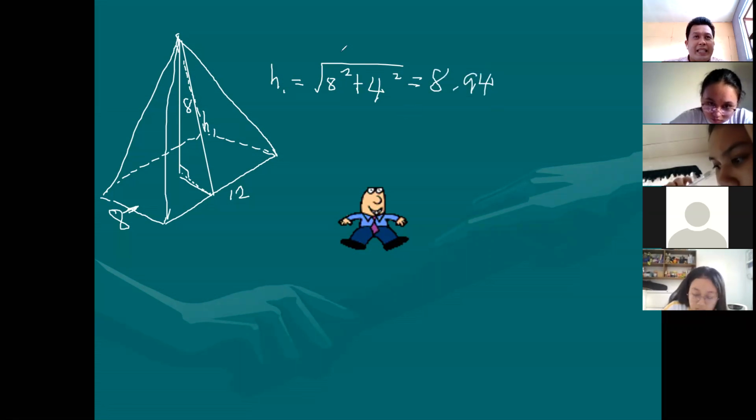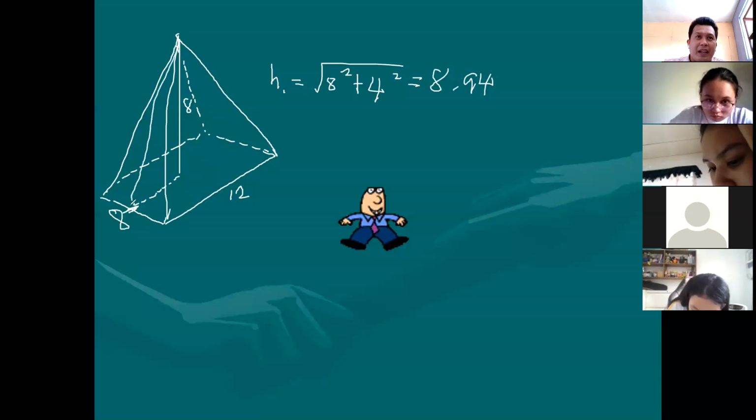So that's the first height. The second height, let me make some erasures, can be drawn from this part here until making a triangle again.